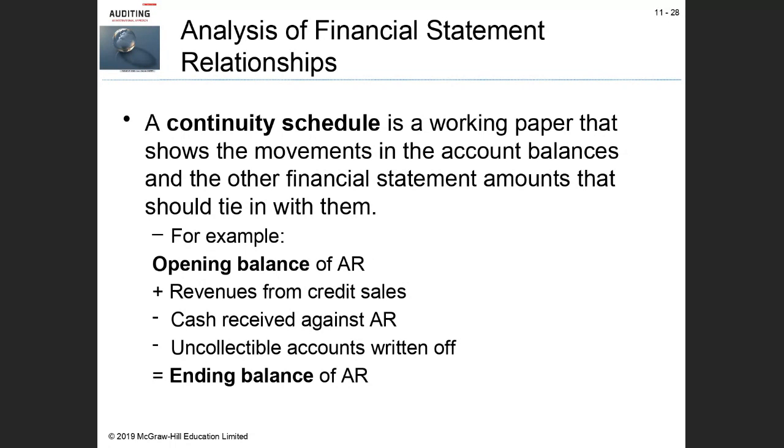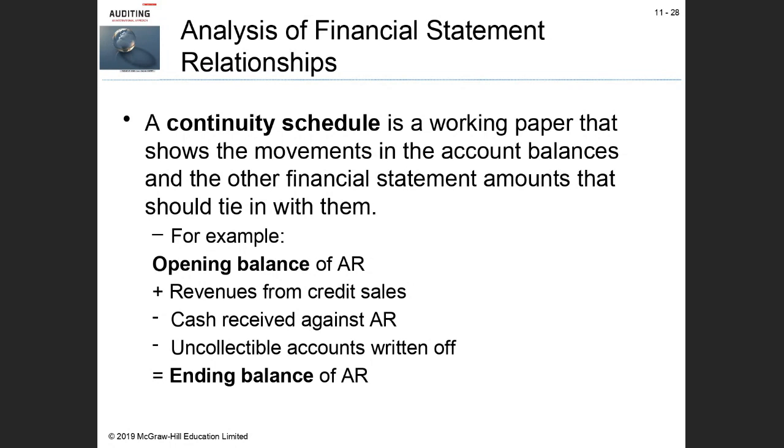So, for example, if you did a continuity schedule, let's say for the month of December, your beginning receivables were $10 million. Let's say December sales this year were $1 million. So now you have $11 million, and then minus your cash collected from customers, let's say that was $2 million.